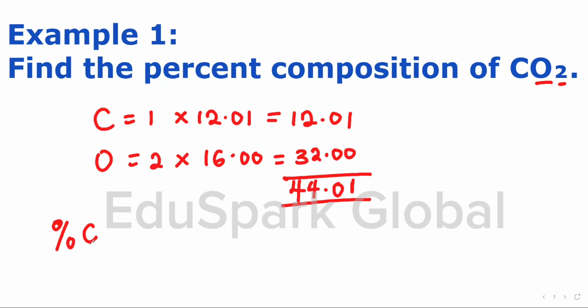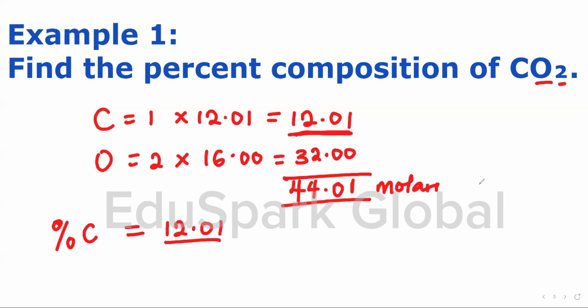So to find the percent composition, if the question says find the percent composition of carbon dioxide, you will go ahead and find the percent composition of all the elements in the compound. So percent carbon is going to be equal to the mass of carbon. Because carbon is only 1, the mass of carbon in that compound will be 12.01 over the total mass. This is the molar mass, remember?